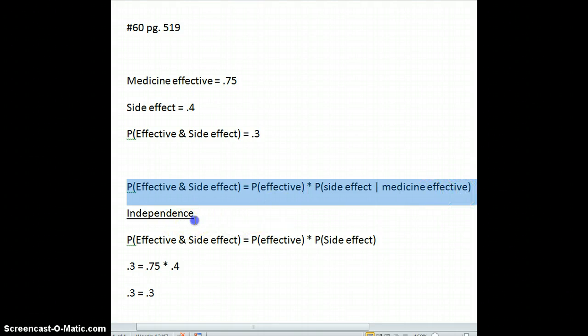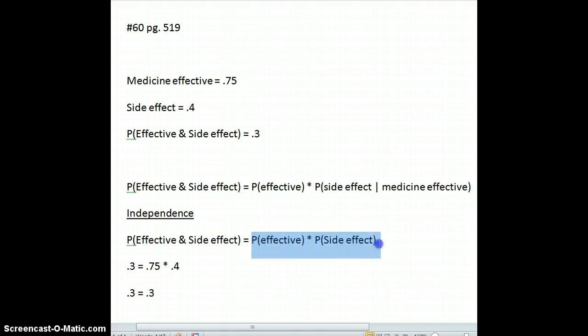But anytime they're independent, you can just multiply the probabilities together without worrying about the conditional probability. And to wrap back to where this problem started, anytime you're testing for independence, this is the test you need to run. Just multiply the two probabilities together and see if they are equal to the probability of both events occurring.